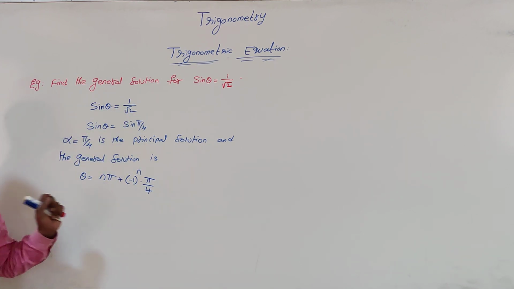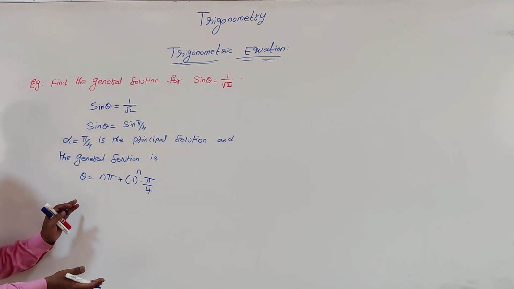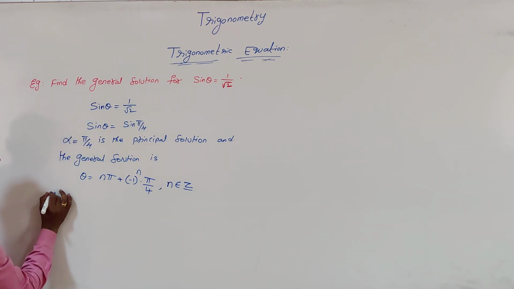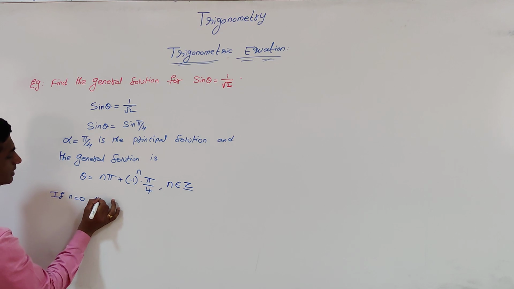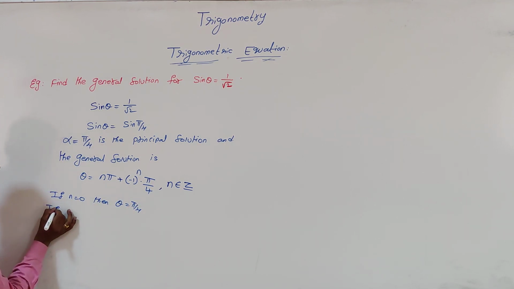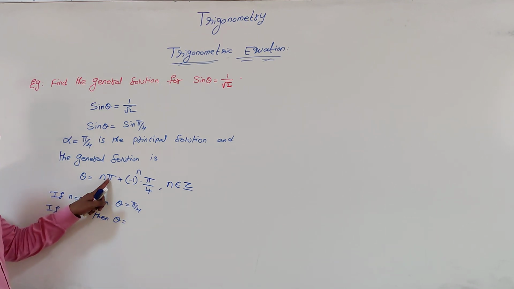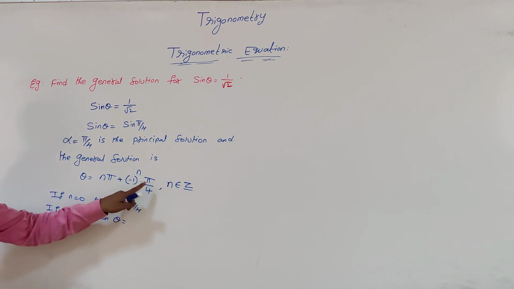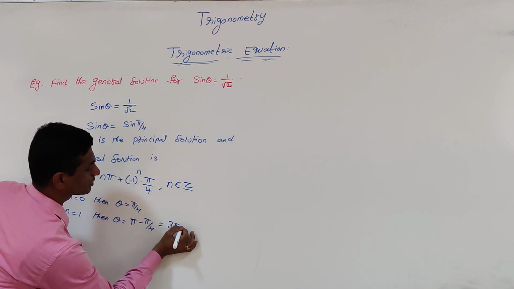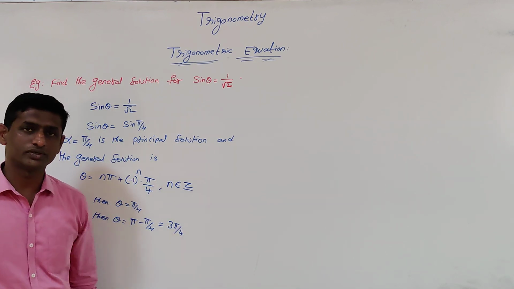Just for your understanding, we are going for n belongs to Z. If n is equal to 1, then theta is 1 into pi plus minus 1 whole to the power of 1 into pi by 4. That gives pi minus pi by 4, that is 3 pi by 4, which lies in the second quadrant. In the second quadrant, sin theta is also positive.